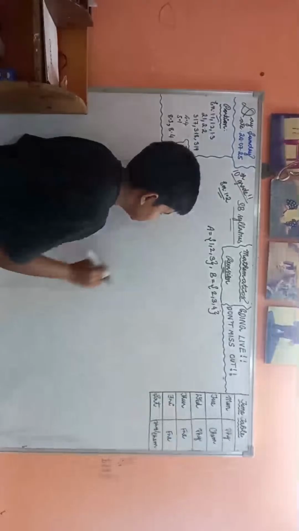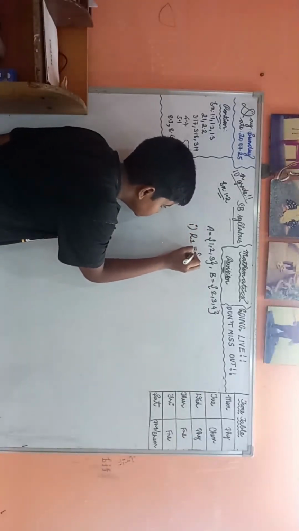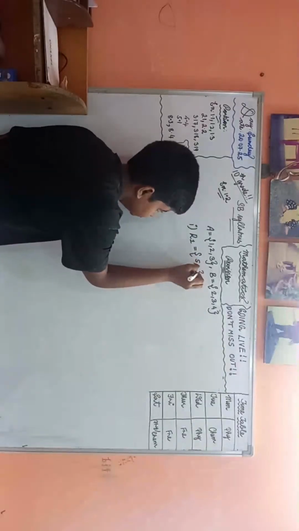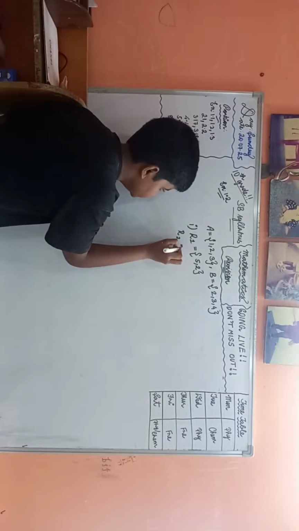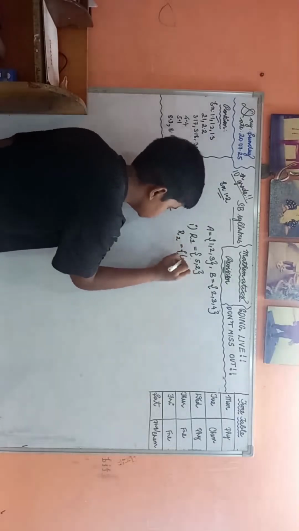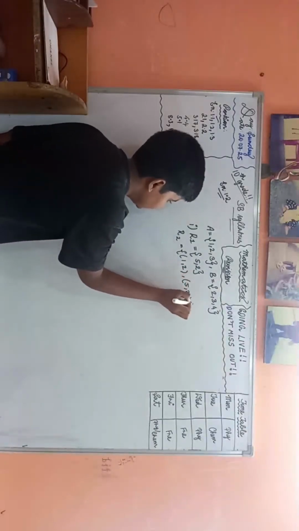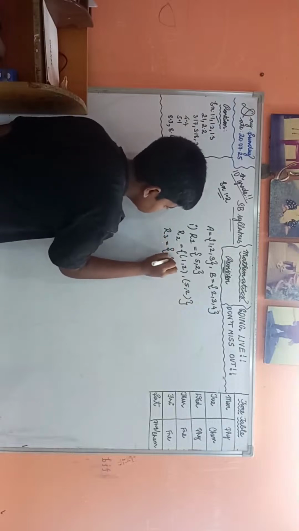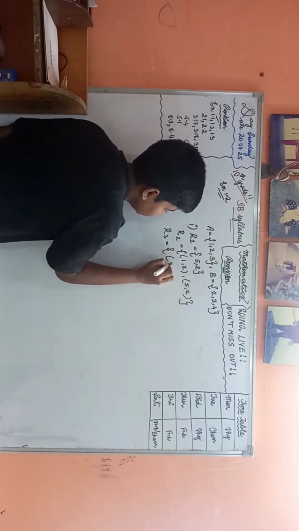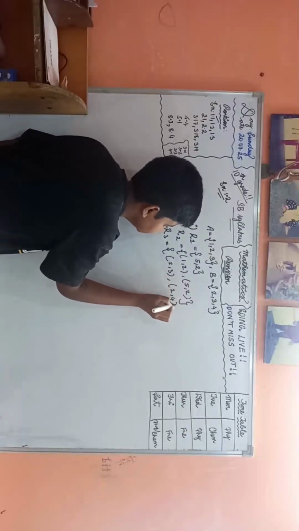And relation 1 is 5, 2, relation 2 is 1, 2 and 5, 2, and relation 3 is 2, 3 and 2, 4.